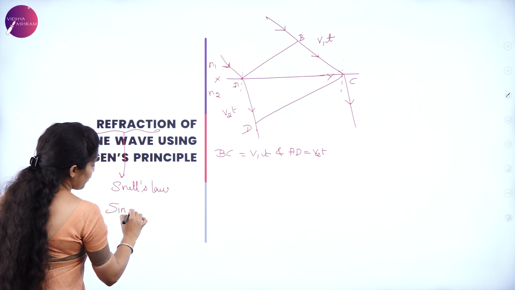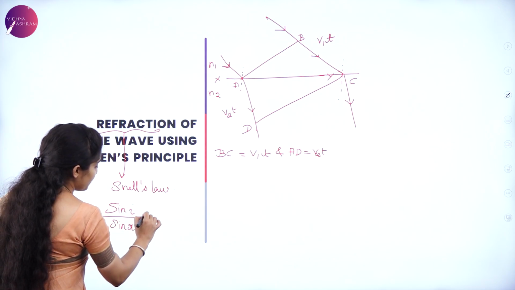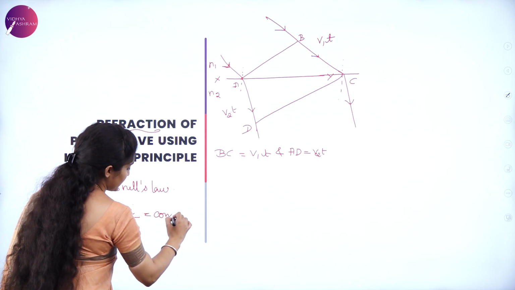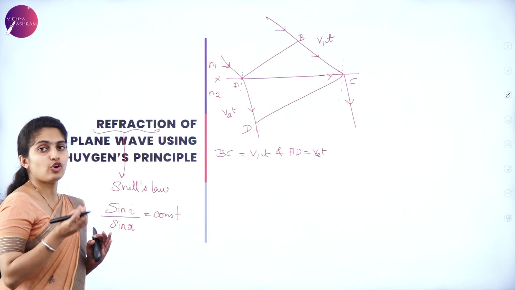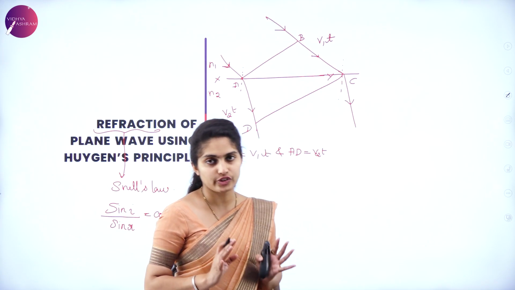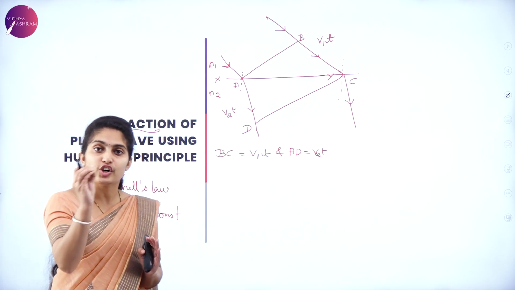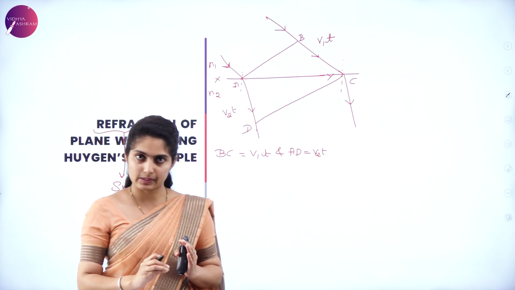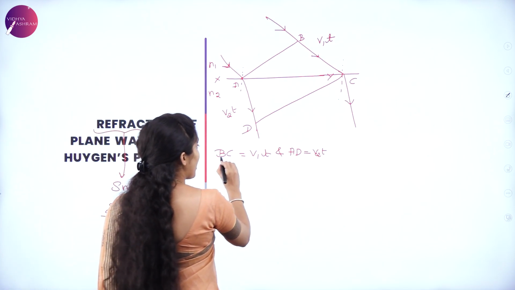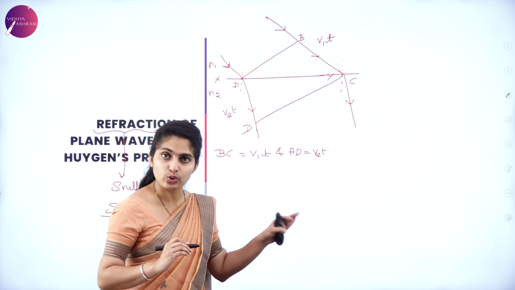Sine of angle of incidence to sine of angle of refraction is equal to a constant. The ratio of sine of angle of incidence to sine of angle of refraction is said to be a constant, is what we have studied from the Snell's law, from the law of refractions. Okay, so now we have BC is equal to V1 into T, AD is V2 into T.